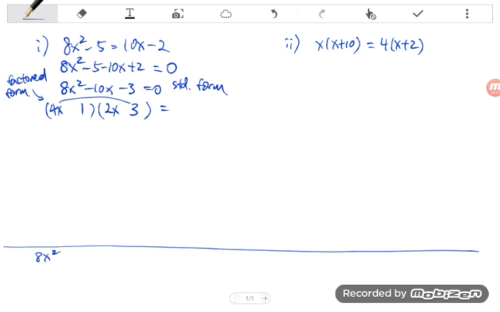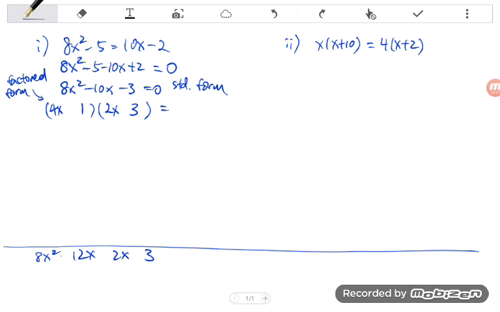4x times 3 gives us 12x. 1 times 2x gives us 2x. And then 1 times 3 gives us 3. Okay, let's see, again, our goal is to get that negative 10x. Right? So negative 10x.